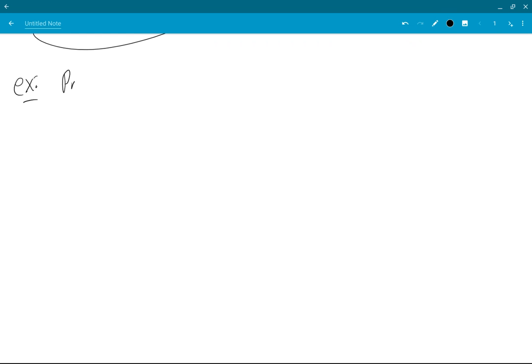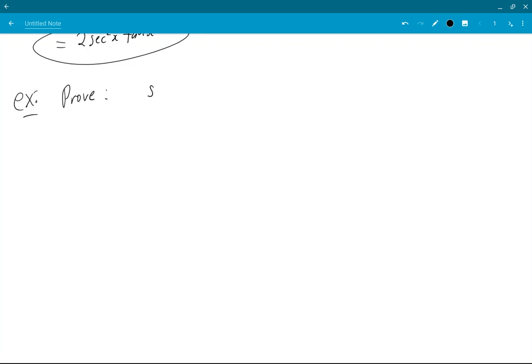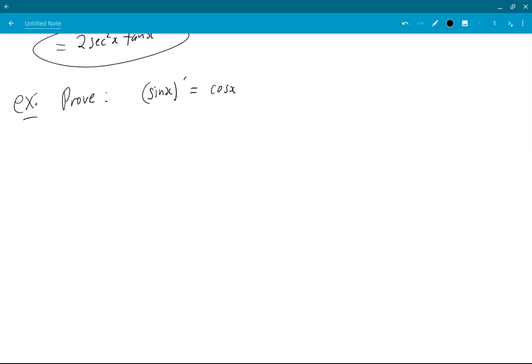Okay, finally, let's do a little proof here. Prove that the derivative of sine x is cosine x. Just to give you an idea of how these go.